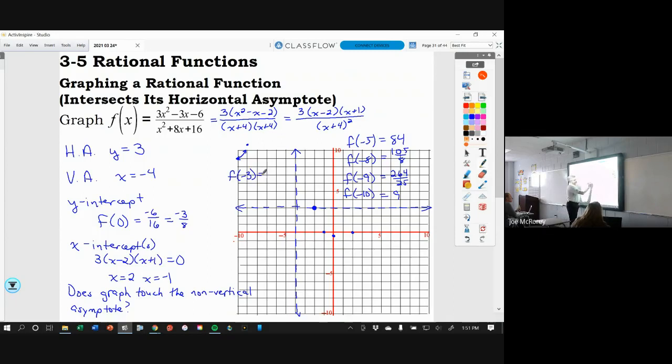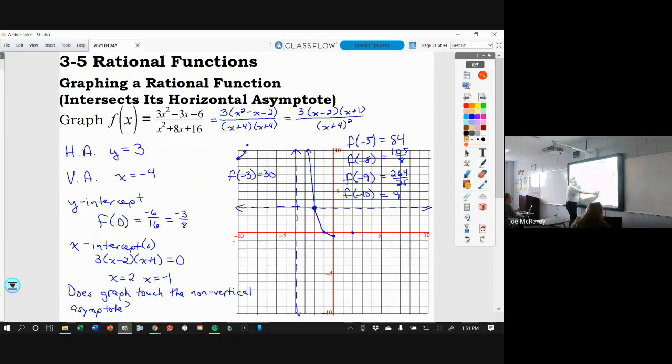Oh my goodness. Which means this graph is super steep here. It's going to go off of the graph before it hits negative 3. And it's coming down. It flattens out.